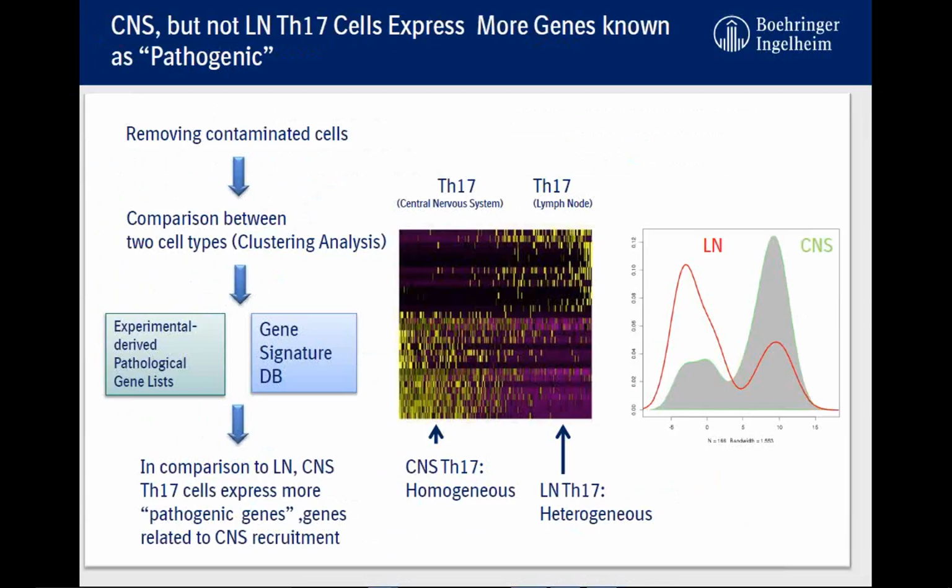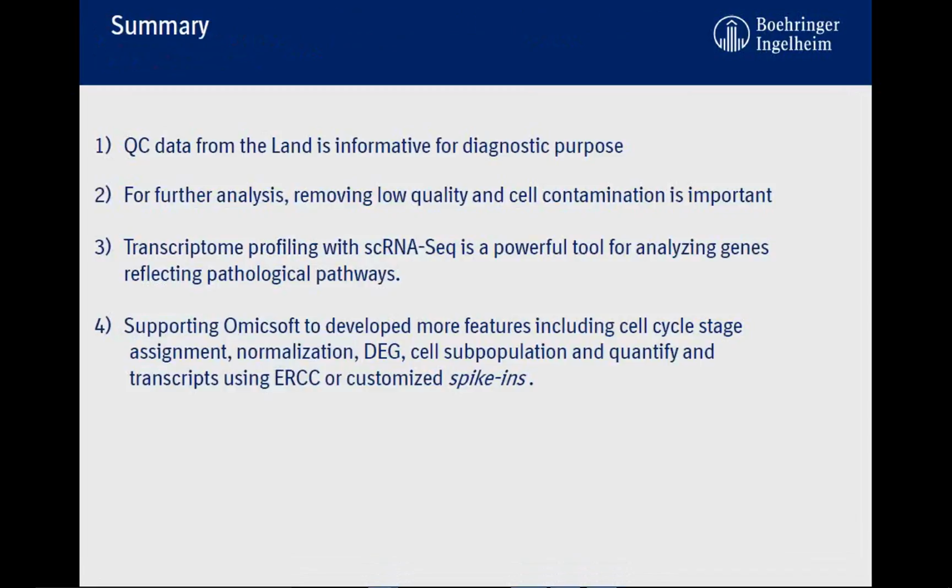So, let me summarize what I'm trying to say. For single-cell RNA-seq, I think it's a very exciting, very powerful technique, and QC data from the Omicsoft single-cell land provides us lots of information, and we can really diagnose.